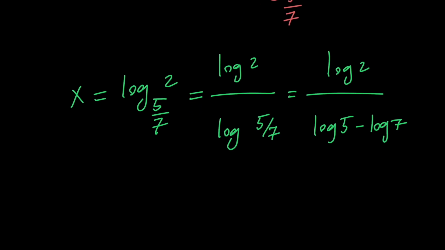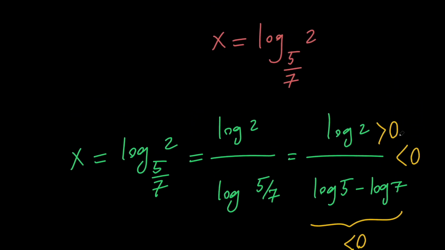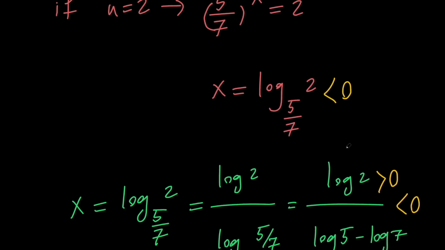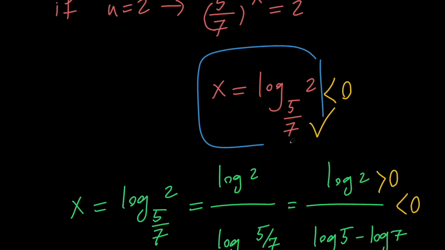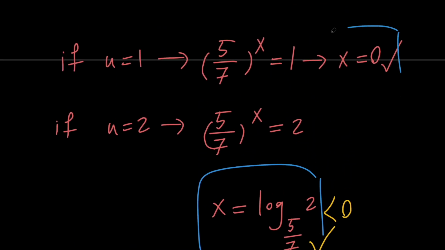Now, obviously, log 2 is positive, but since log 7 is greater than log 5, this is negative. Therefore, the whole fraction is negative. So this number is negative, and therefore, this is a valid solution to our equation. So we have two solutions, this one and this one.